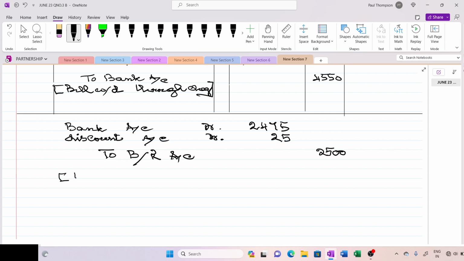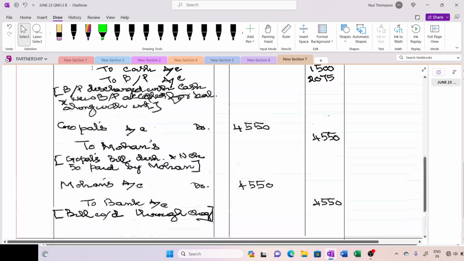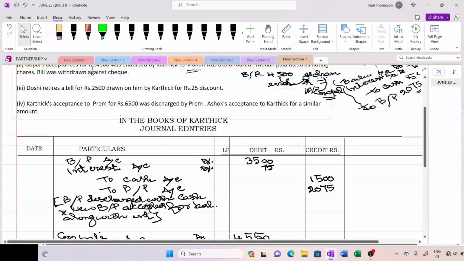Bill retired. You can write simply bill retired, with a discount of rupees 25. So now we'll move on to the next last entry.